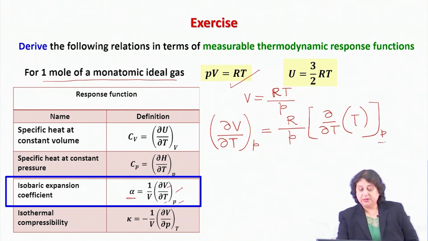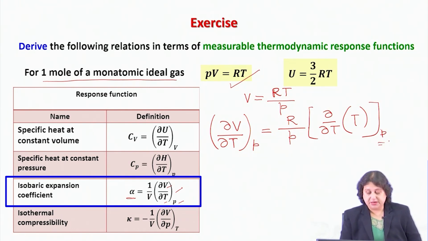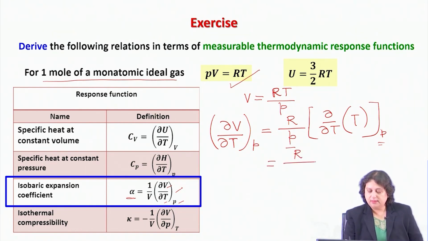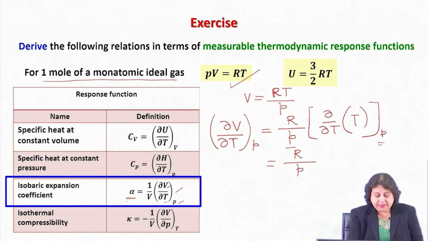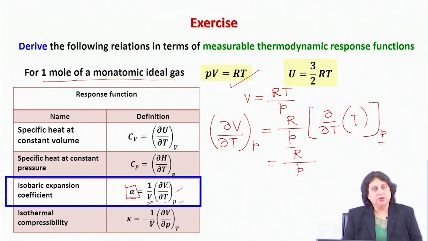Simply because I am maintaining constant pressure, I could place P outside the derivative, and therefore this is nothing but R by P. Look, the definition of alpha involves not only this partial derivative but also a 1 by V in front.